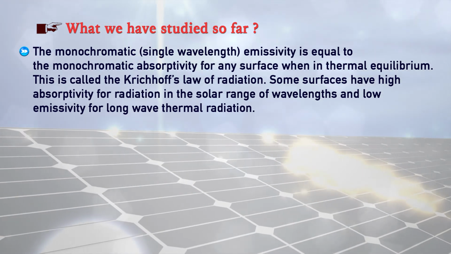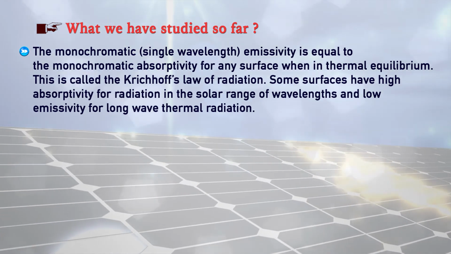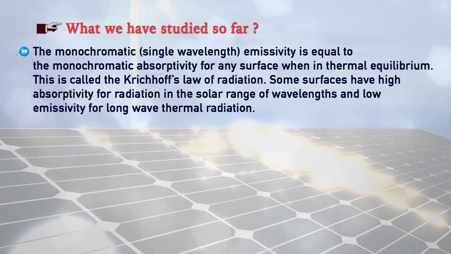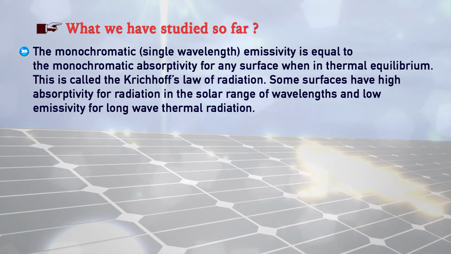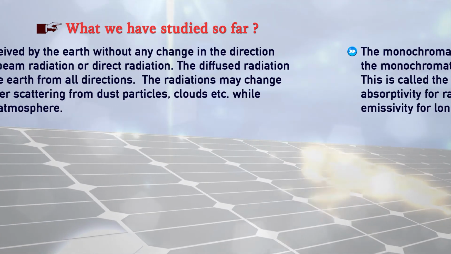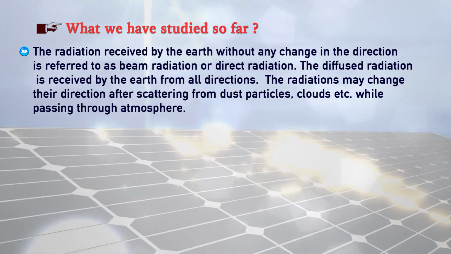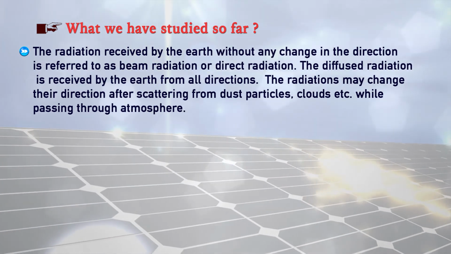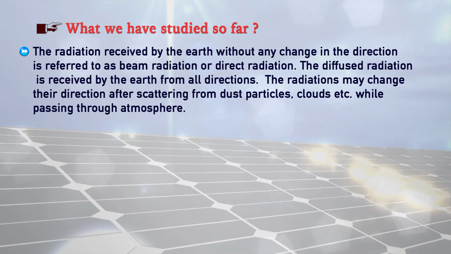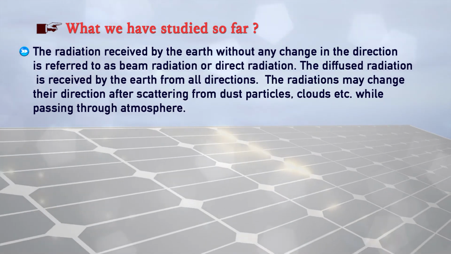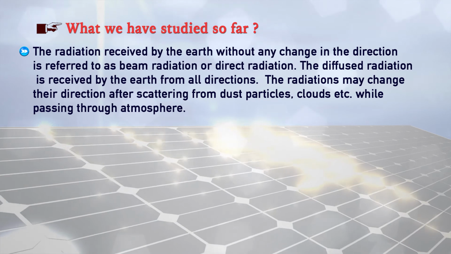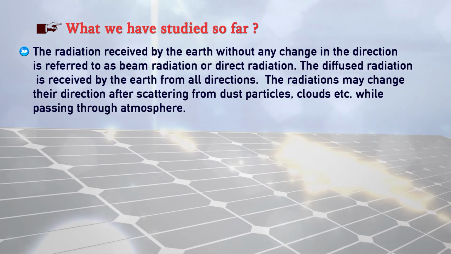Some surfaces have high absorptivity for radiation in the solar range of wavelength and low emissivity for long wave thermal radiation. The radiation received by the earth without any change in direction is referred to as beam radiation or direct radiation. The diffuse radiation is received by the earth from all directions.